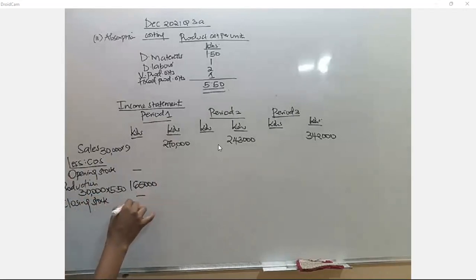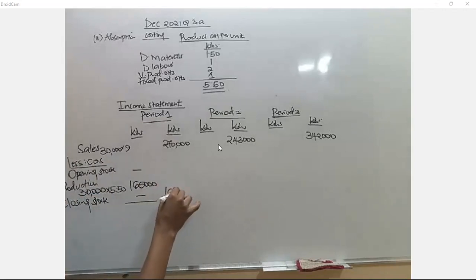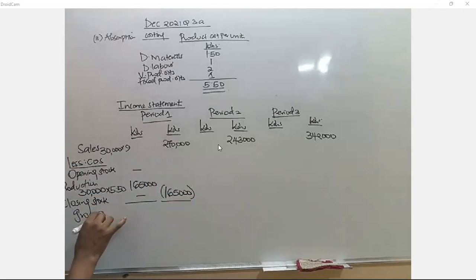Our closing stock there is dash. So how much are we getting here? We are getting 165,000. What is our gross profit? 270,000 minus my answer, you're getting 105,000.